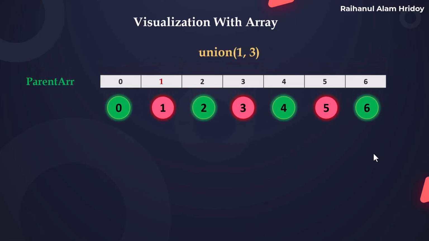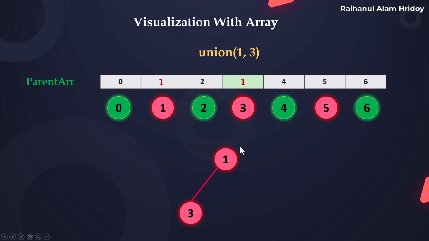So we want to union 1 and 3. So 1 will be the parent of 3. We update the array where parent of 3 becomes 1. In the tree structure or graphically it can look like this, but as we are maintaining an array, the array index of node 3 updates its parent.